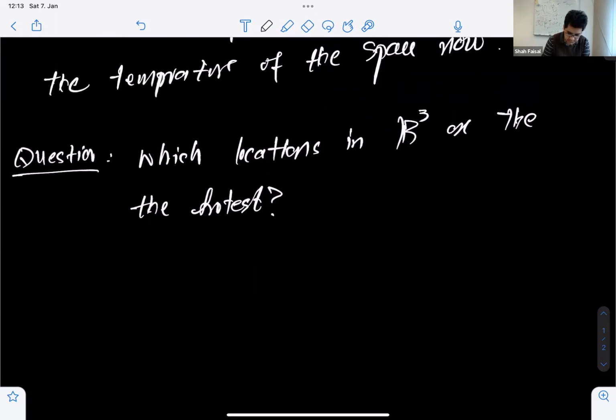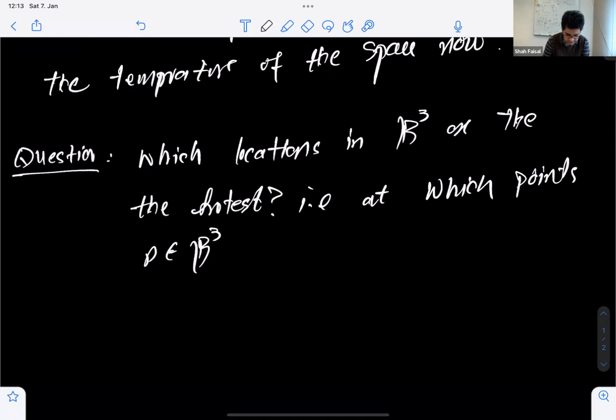Another way to say it is, at which points, say P, does the function attain its maximum?